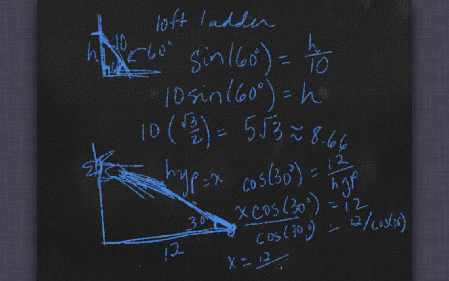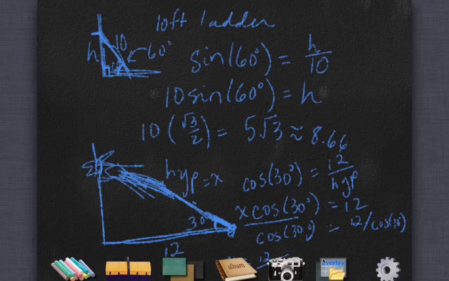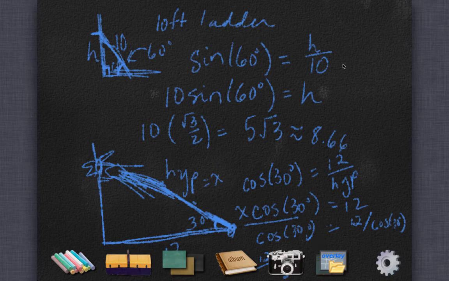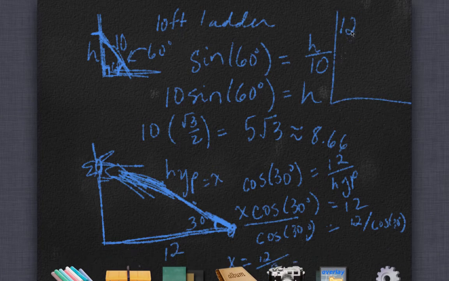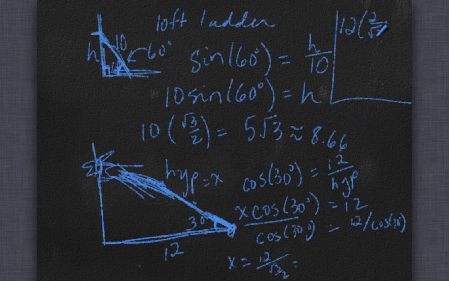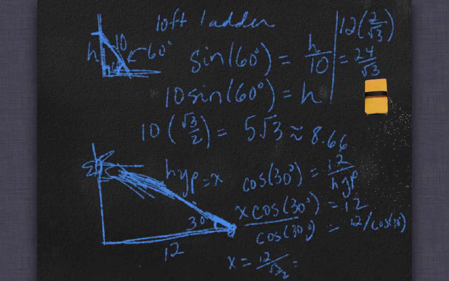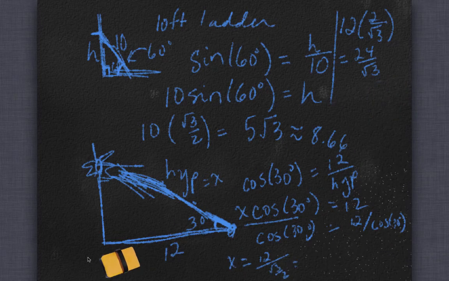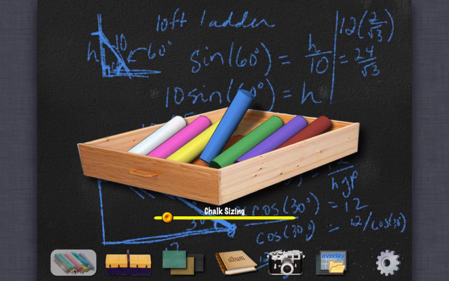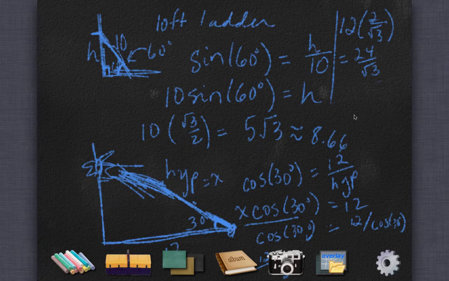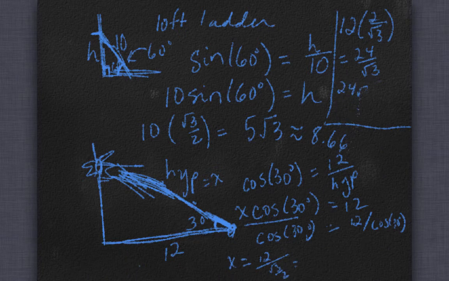So x is 12 divided by the square root of 3 over 2, which is 12 times 2 over square root of 3, which equals 24 over root 3. Okay, 24 over root 3. Should you want to rationalize it, you'd get 24 root 3 over 3, which is 8 root 3.